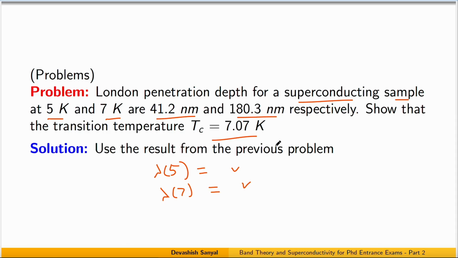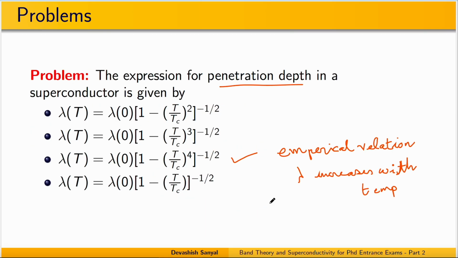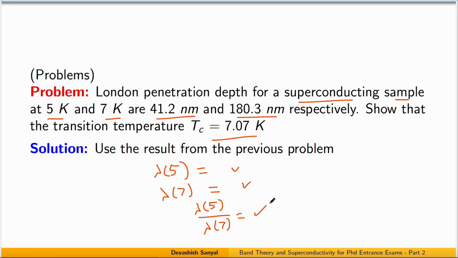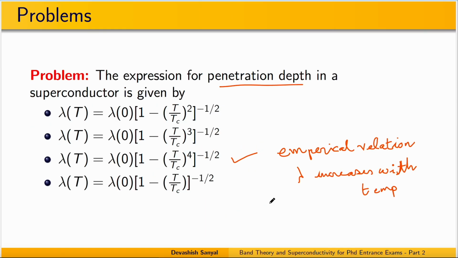Then do lambda 5 by lambda 7 and you will get the answer. You have to do some calculations to find the transition temperature Tc.